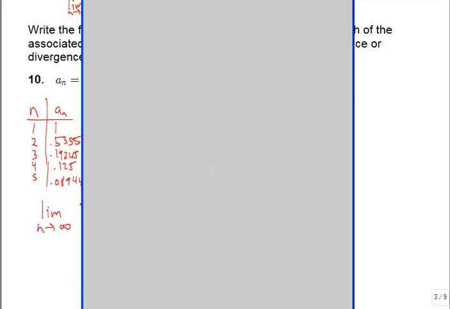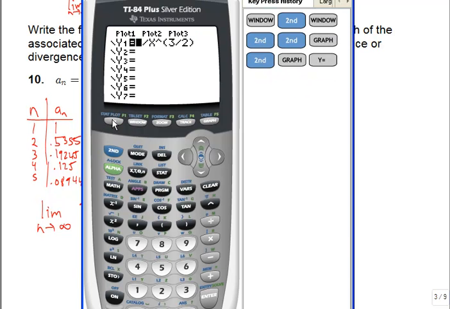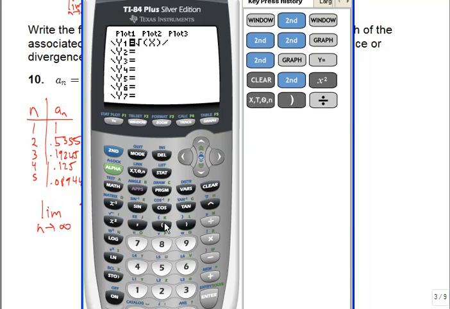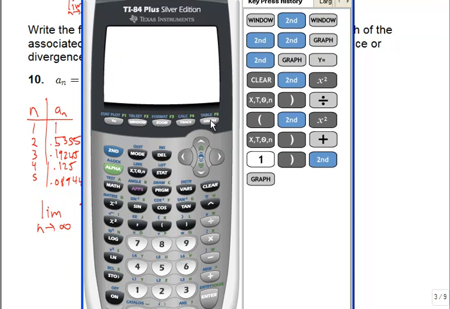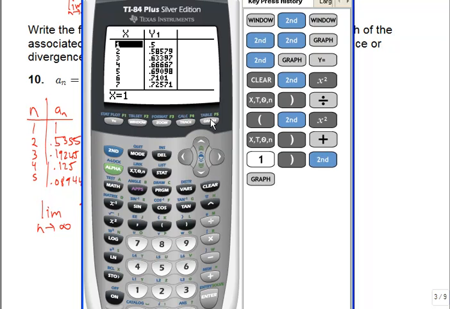So if we pull up the calculator, we're just going to go back to that y equals, and we're going to clear this out and type in our next function, which in this problem is going to be the square root of x divided by parentheses square root of x plus 1. And if I just go to table, there's our first 5 terms.